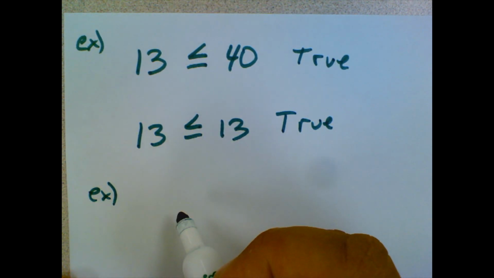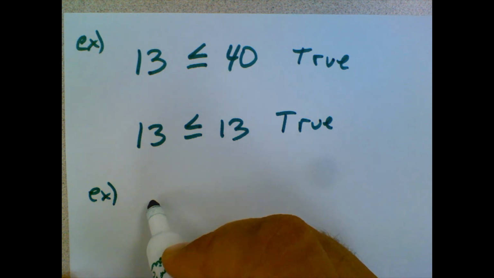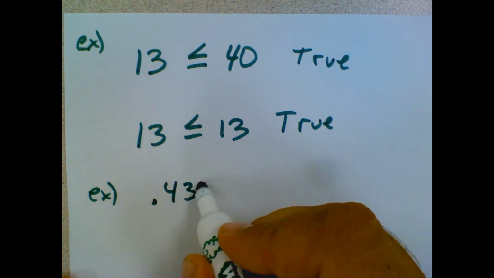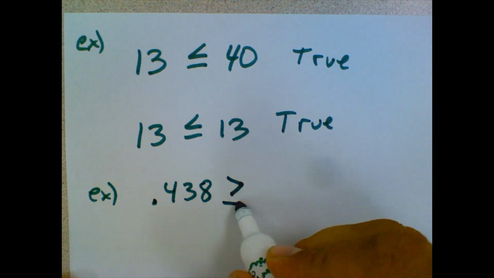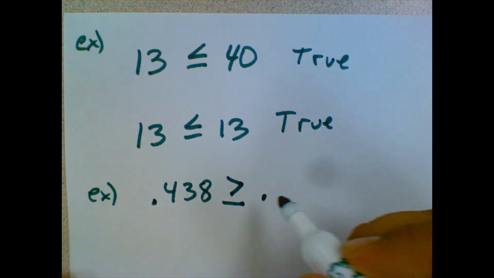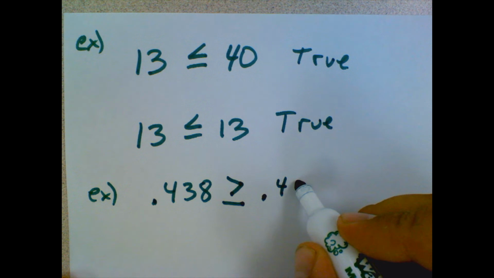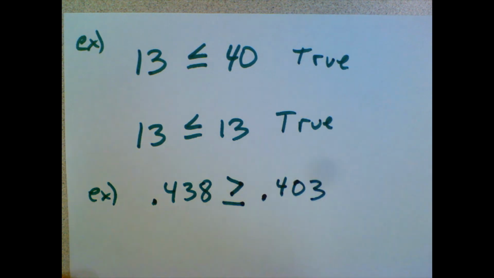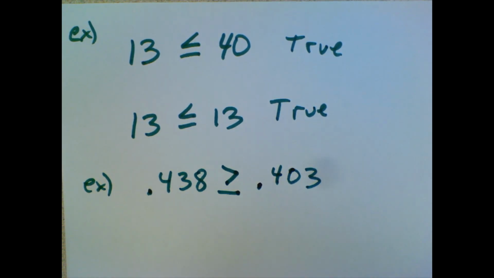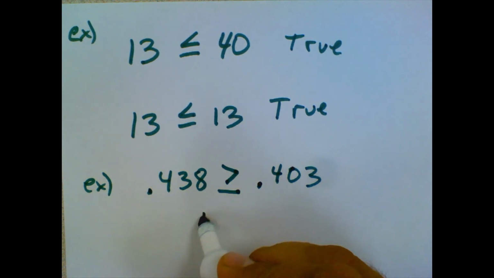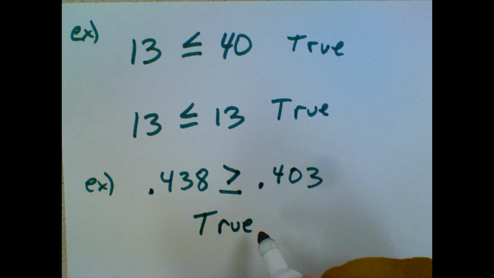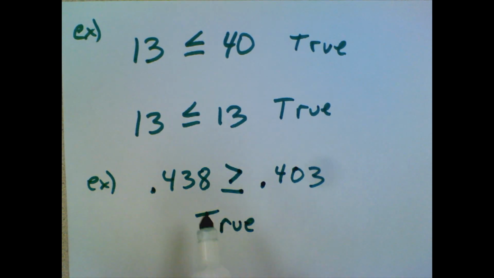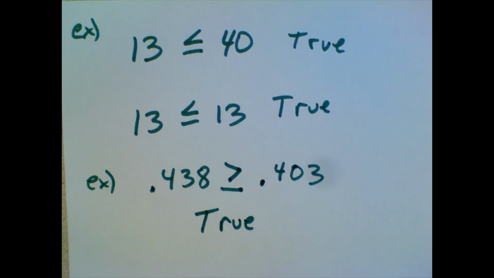Tell me, is 0.438 greater than or equal to 0.403? I'll give you a second to tell me if that's true or false. Okay. If you said this is true, you are correct. Okay, this decimal is definitely bigger than that one.